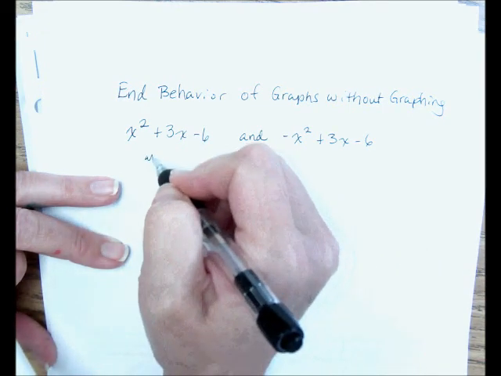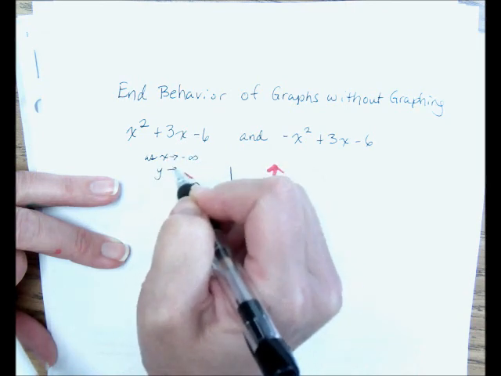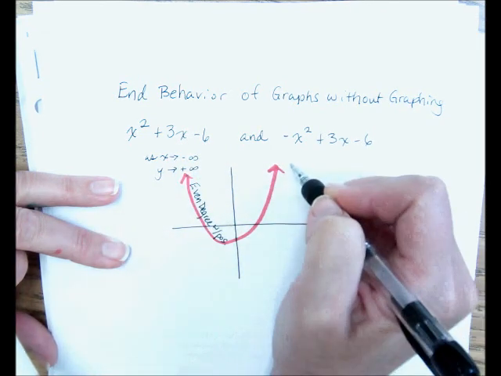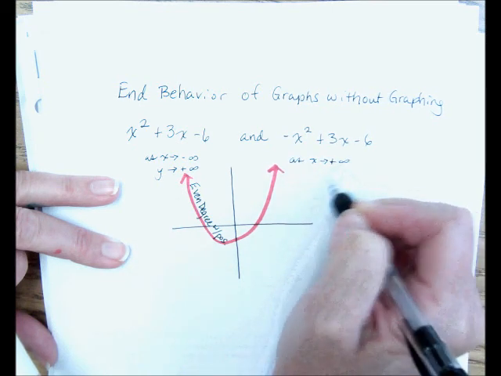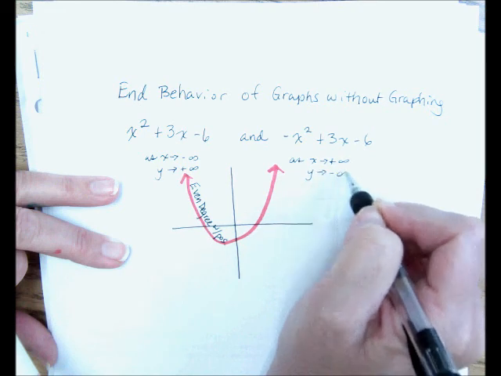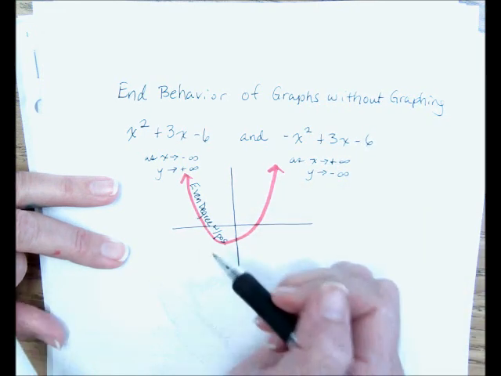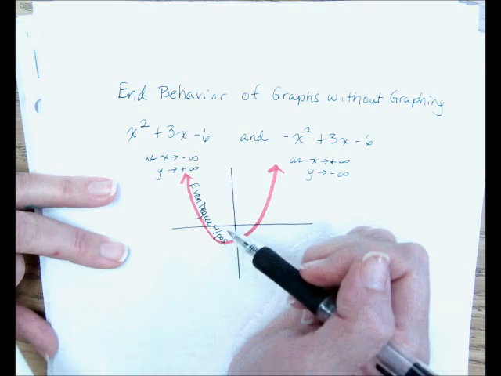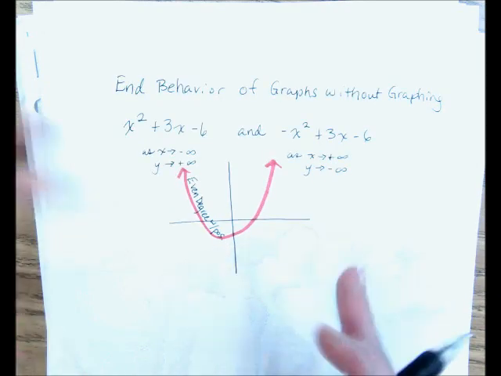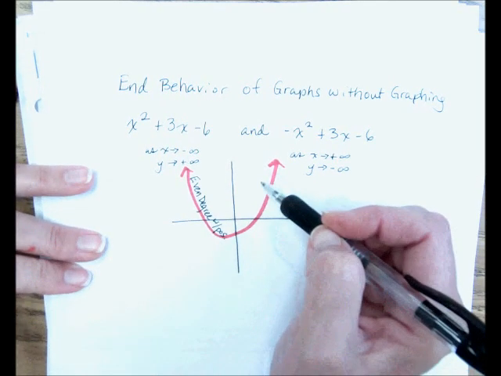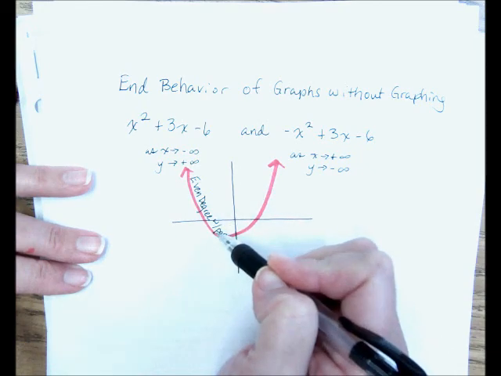Meaning that as x approaches negative infinity, y is going to approach positive infinity. And as x approaches positive infinity, y is going to approach positive infinity. So that graph is going to be different only in the way that the arrows point on either end. Now it's even, both of them point up. Even and positive leading coefficient.